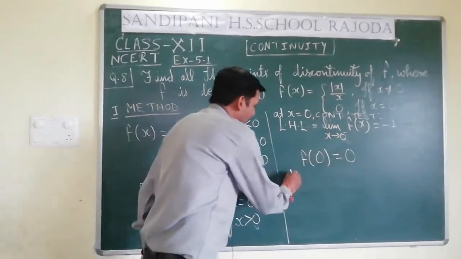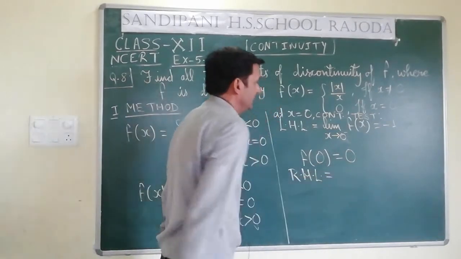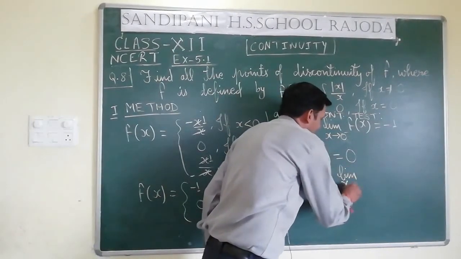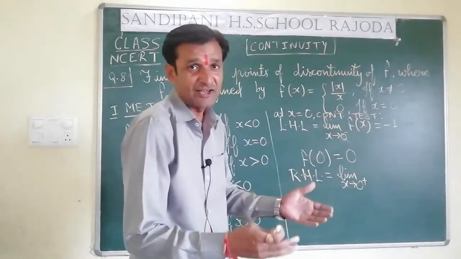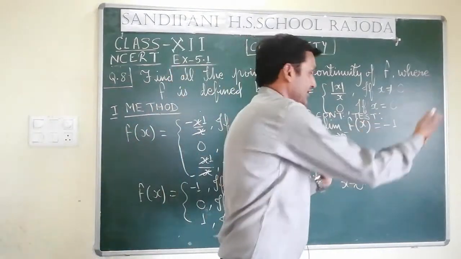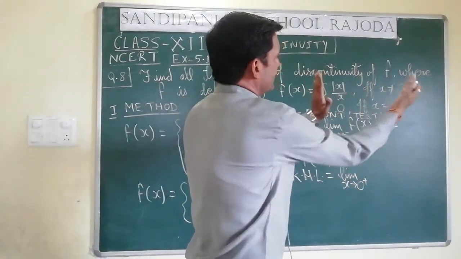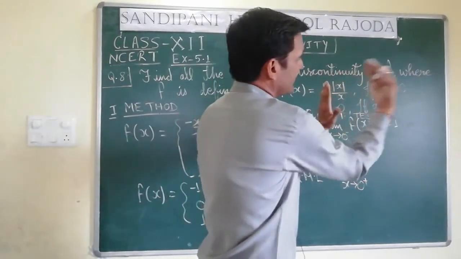Now, in case of RHL we have to take limit x tends to 0 plus. If we are taking RHL, it is 0 plus. Suppose this is 0, then this part is 0 plus and this part is 0 minus. It is the left hand side and this one is the right hand side.